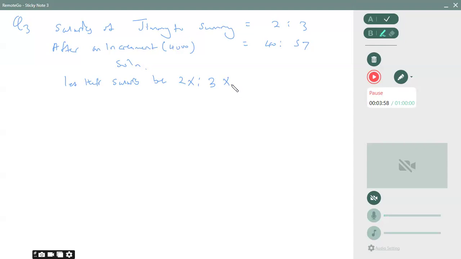For Jimmy, his salary is 2x, but after they have added on 4,000, the ratio will now be 40. And the other one is 3x. If they add on 4,000, the ratio will change to be 57.